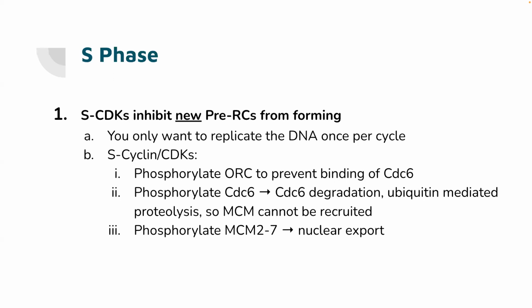And this makes sure that MCM cannot be recruited. Cyclin CDK complexes also phosphorylate MCM2-7 for nuclear export. All of these processes are just to make sure that pre-RCs aren't reforming and DNA isn't being replicated twice.